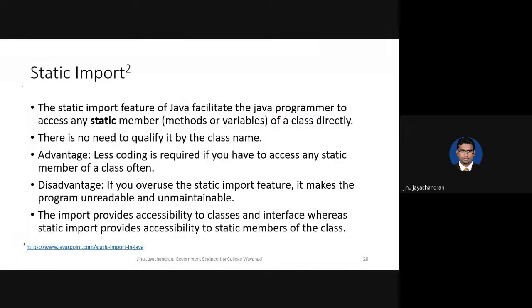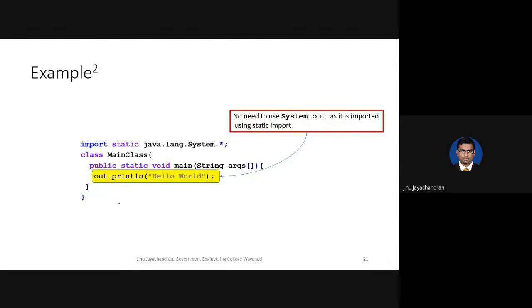Now there's a feature called static import. If you have looked at the main function, there is something called the static keyword, public static. It's a static member. The static member you don't need to call by its class name. There are some advantages and disadvantages to the static member. Now let's look at this. When you want to print something, you usually do System.out.println, but here you see there is only out.